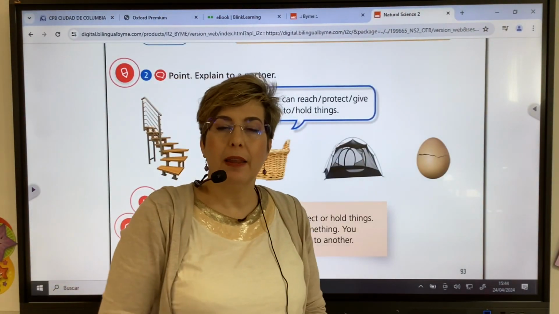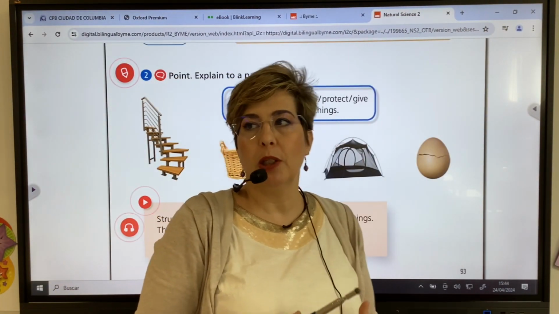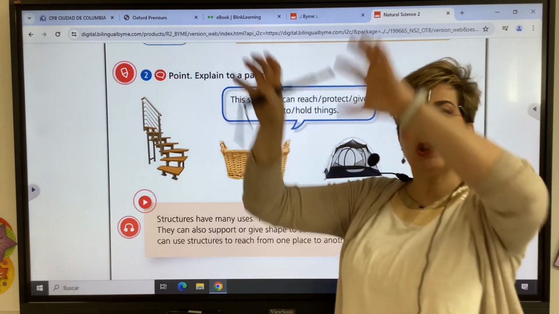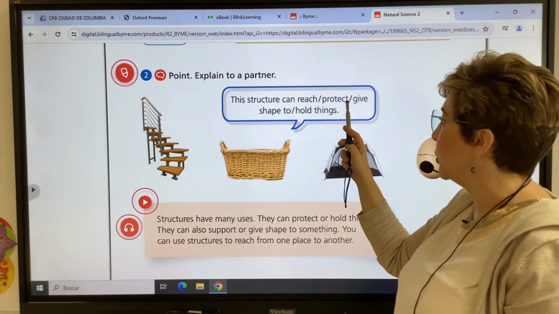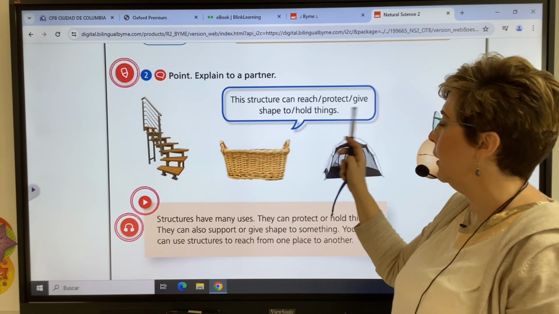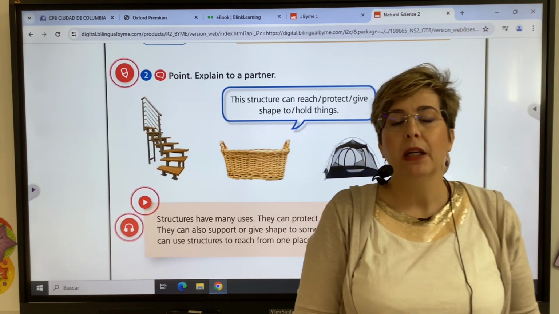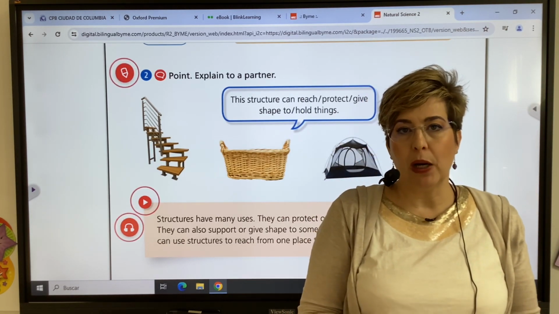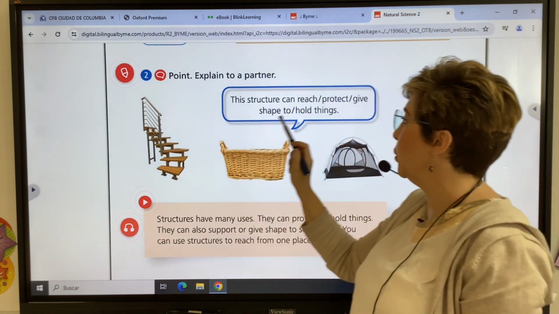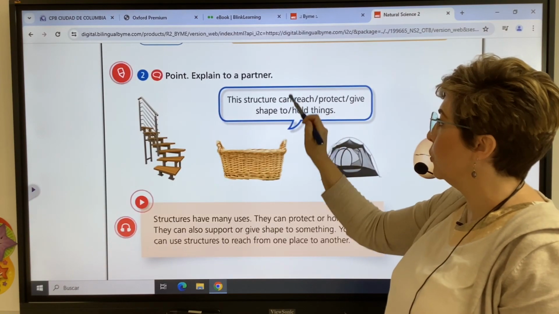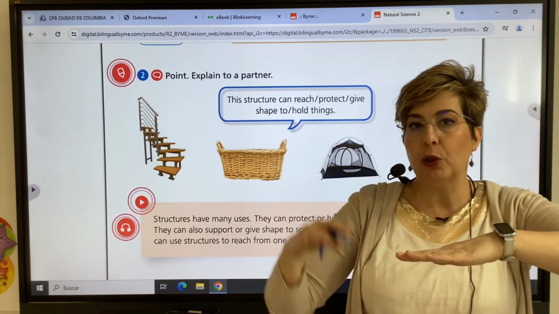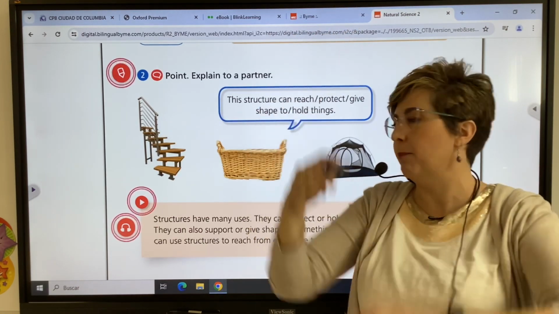So these are the uses that we are going to study. The uses are going to be reach, which is alcanzar, protect, give shape to, or hold things. If we talk about structures, we can say that we use stairs to reach a place, from the first floor to the second floor, for example.